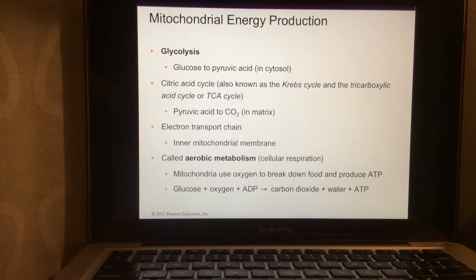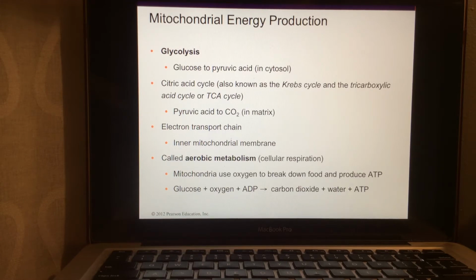This pyruvic acid will enter the citric acid cycle, but depending on your professor or who's teaching the chemistry class, it may be called the Krebs cycle or the tricarboxylic acid or TCA cycle. And this will happen inside the matrix.